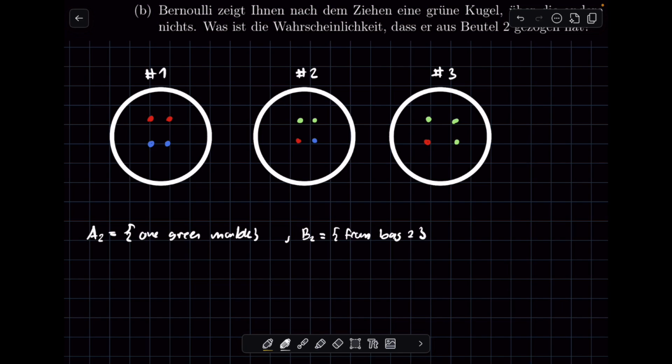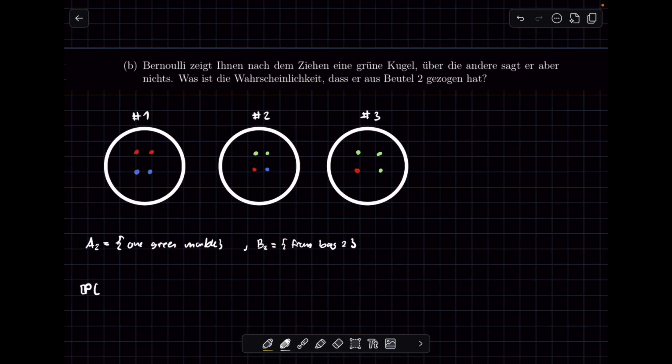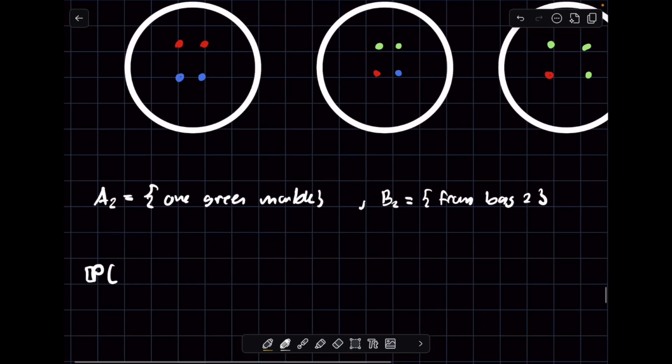The important part is finding out what they want from us, and then from there we can work. Given this, we're given a green marble, and we want to find out whether or not it's from bag number 2. So what's the probability of bag 2, given we got a green marble? That's it.